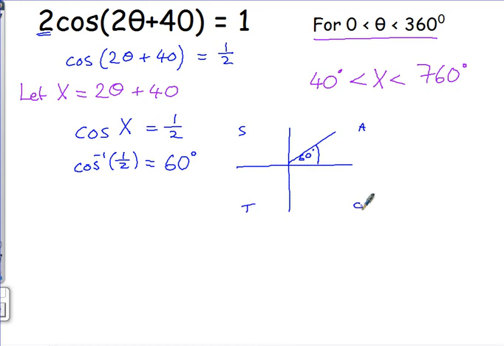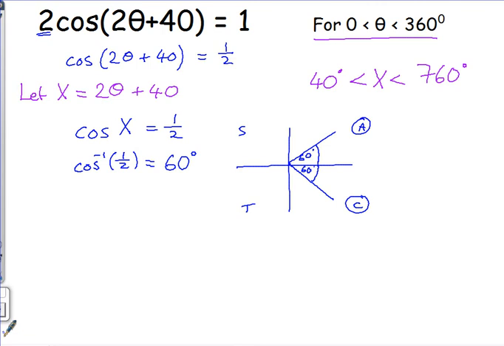And by considering quadrants, we can find the position of the other solution. We've got a solution in the first quadrant because all trig values are positive, but we want cos values which are positive as well. So a second position will be in the fourth quadrant, again with an acute angle of 60 degrees with the x-axis.